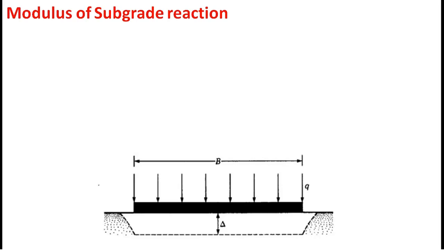Now we will discuss in the next video the modulus of subgrade reaction, and after that we will get beta, and we will compare whether to go by rigid or flexible. After that, if we go by the flexible method, then how to decide and how to design, that we will do in the next video.